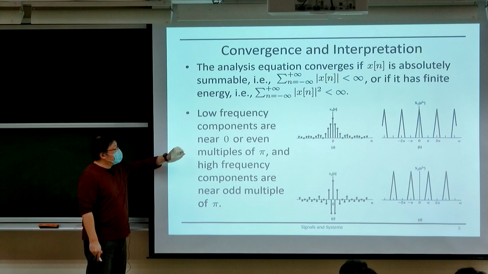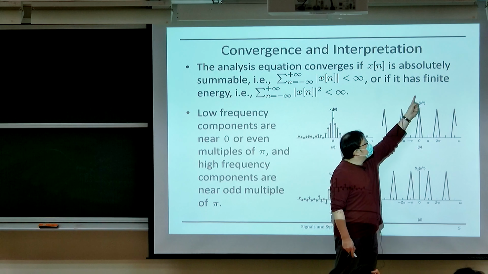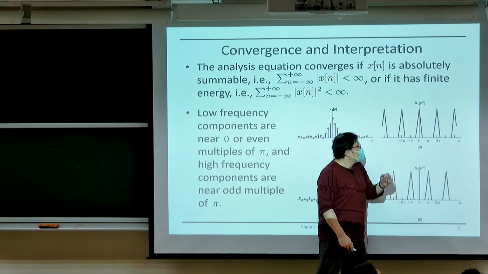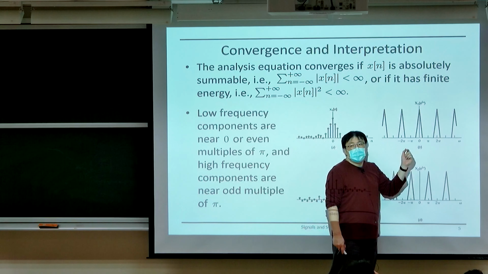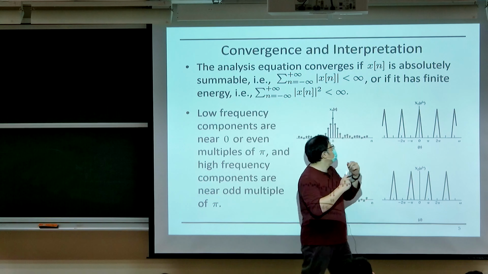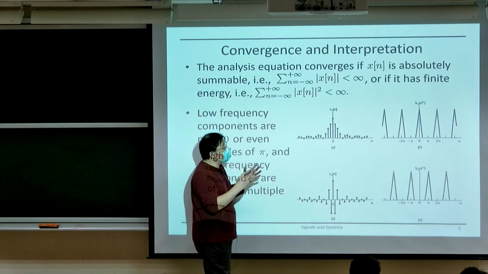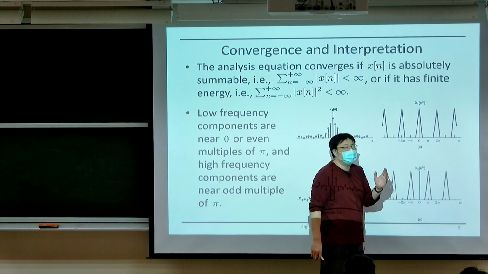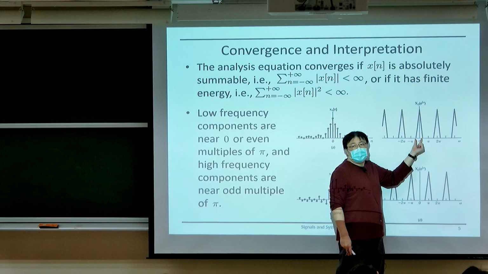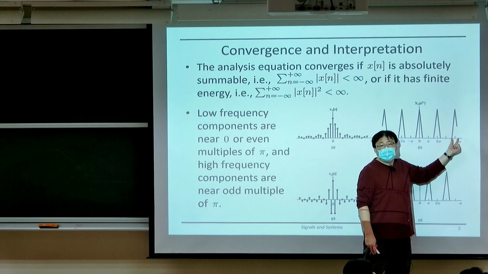Now, another thing worth mentioning is that, as we just mentioned, this discrete time Fourier transform is periodic. So if you say that this signal contains mostly low frequency components, then you will see a spectrum that is concentrated around 0, but this will be repeated at every integer multiple of 2 pi.